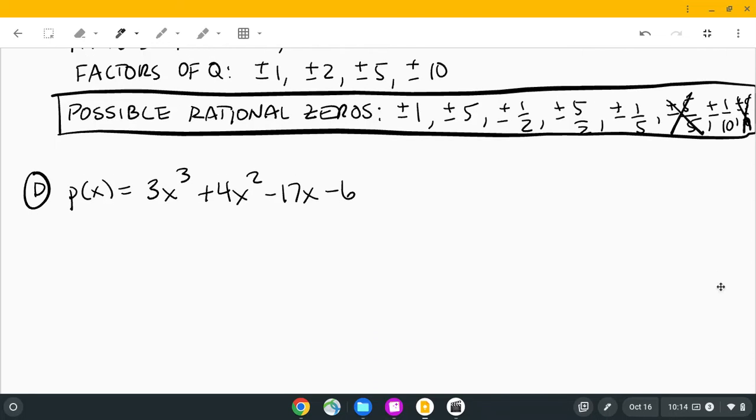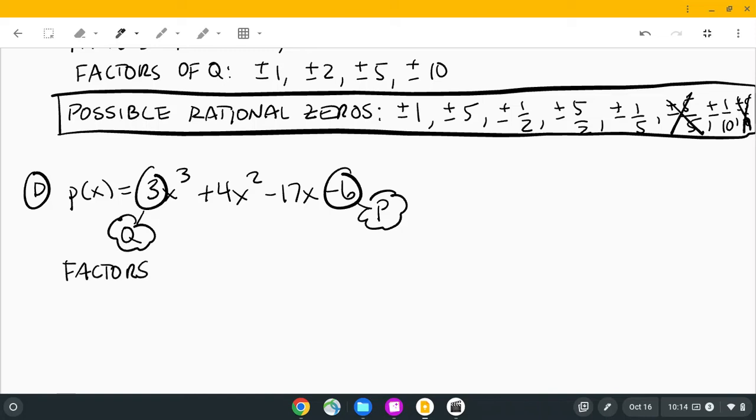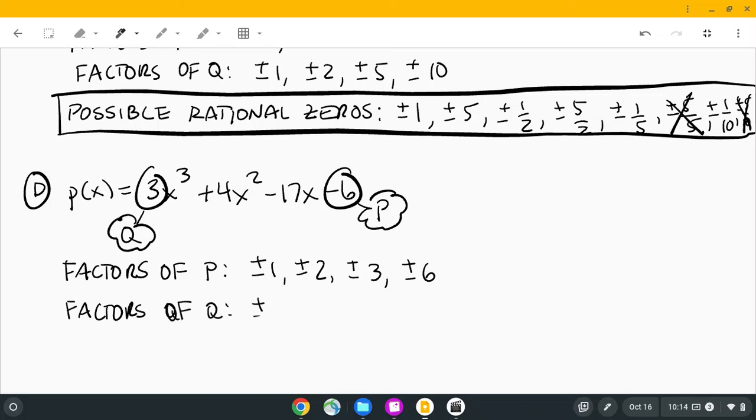So this is P, this is Q. My factors of P are plus minus 1, plus minus 2, plus minus 3, and plus minus 6. My factors of Q are plus minus 1, plus minus 3.